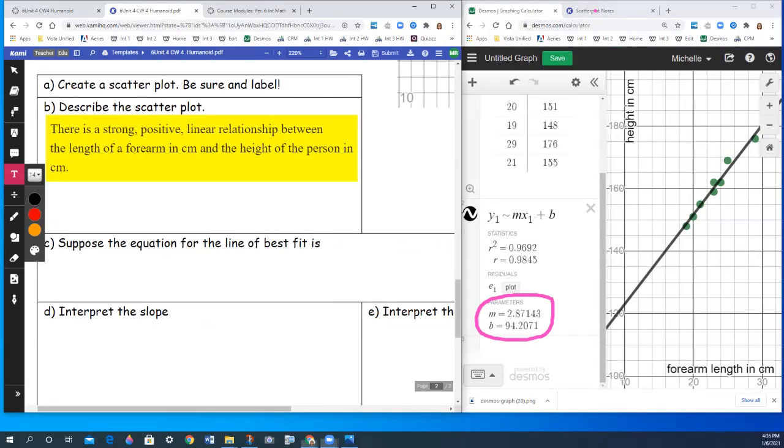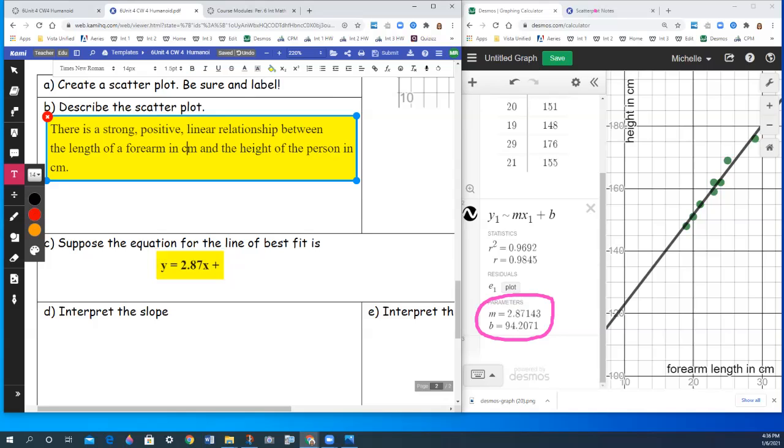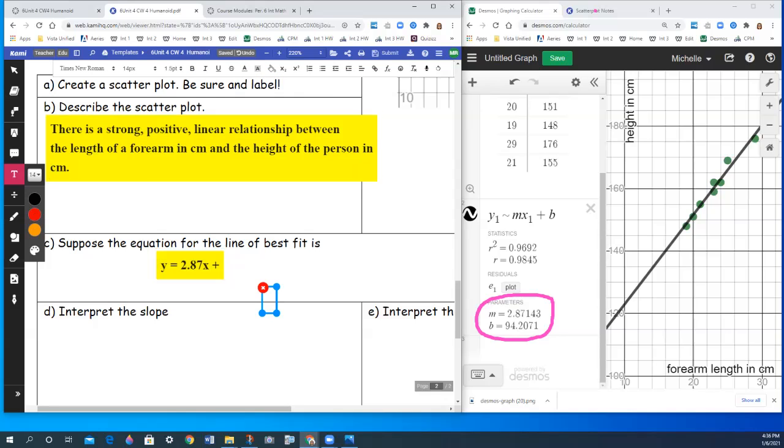So I'm going to come and get a text box again. I'm just going to fill it so you guys can see. And I'm going to write Y equals my slope. My M is 2.87 about, okay, about 2.87x plus, I'm just going to make this bold so everything's a little bit darker for you guys to see.